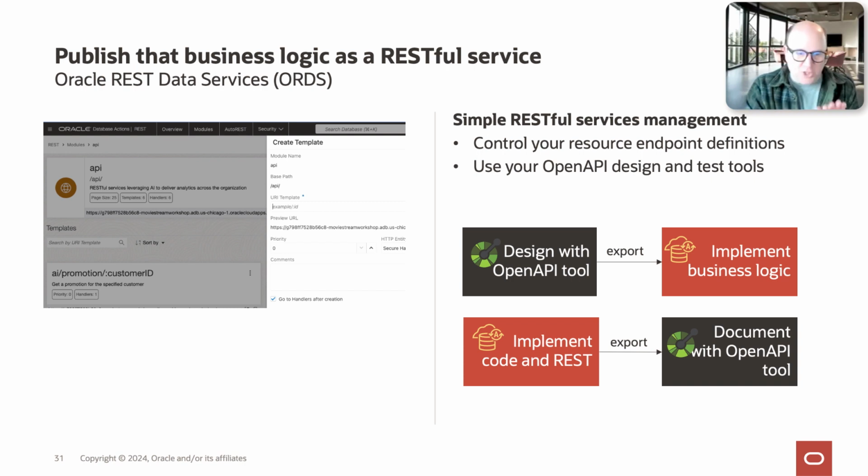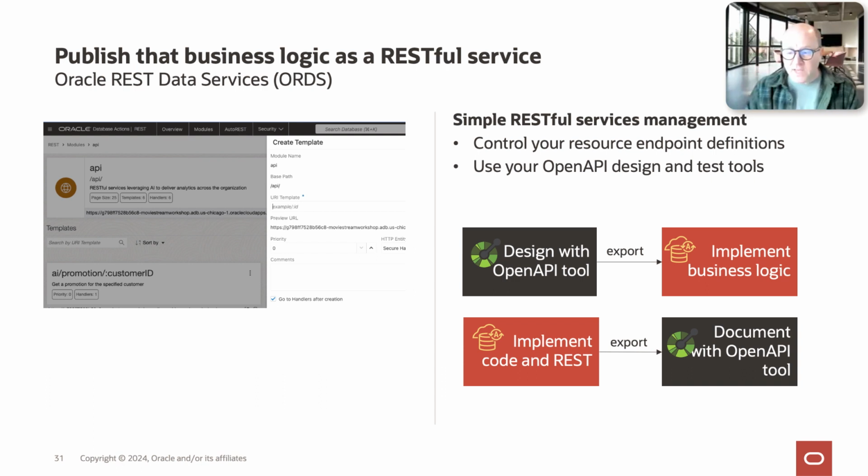The first is you can start from a design tool, maybe Postman, maybe Swagger or any OpenAPI tool. You define your APIs and then import that into Autonomous and implement your business logic, in this case the APIs. So you have the design of the API, but then you actually have to put the code behind that.